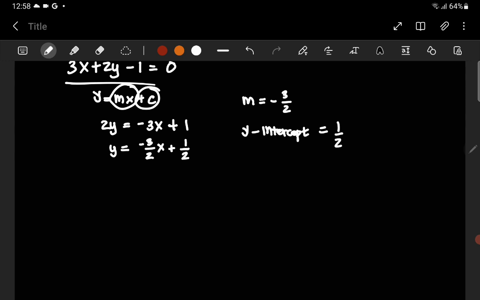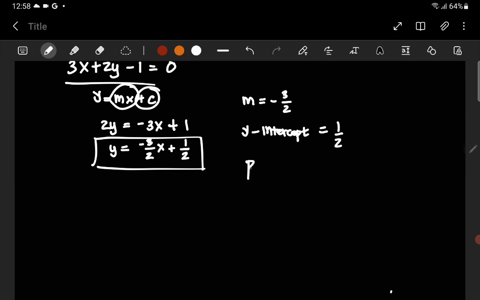Now, if I ask you, please give me another, a different linear equation that is parallel to this linear equation, then you just need to make another linear equation that has the same gradient.